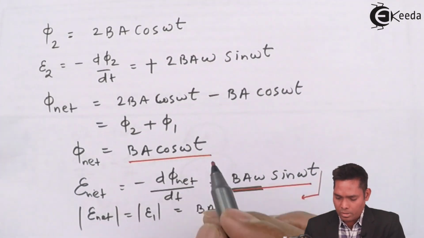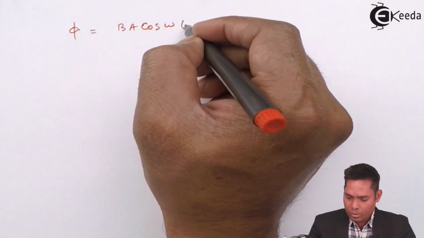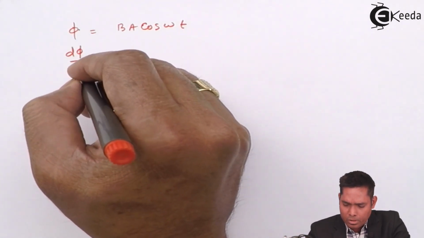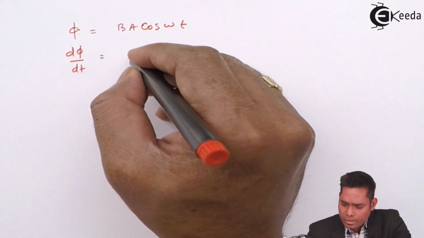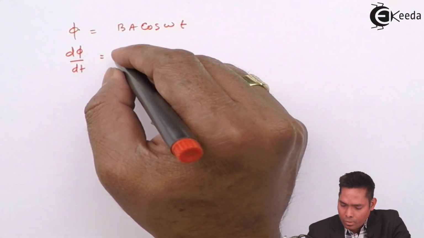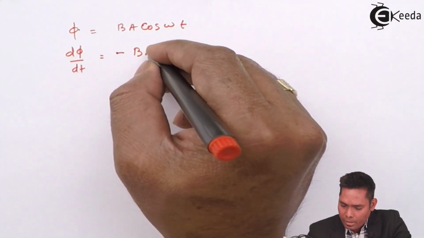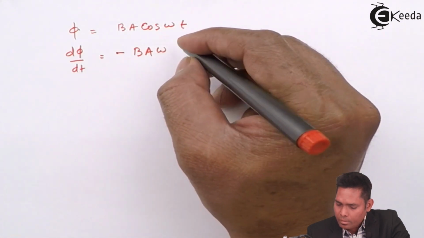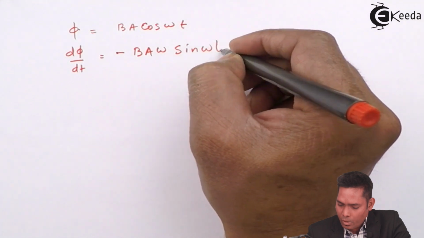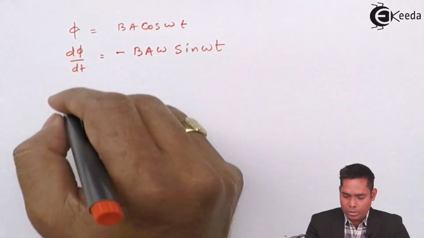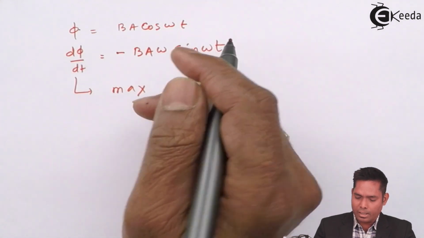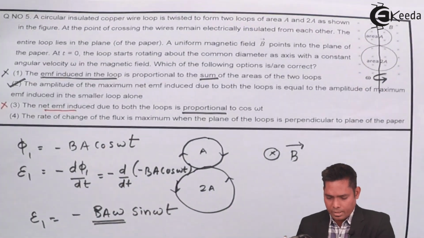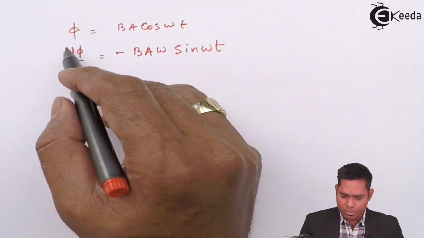The rate of change of flux means d phi over dt, which is minus BA omega sine omega t. This is how you write the differentiation, and this is the rate of change of flux.